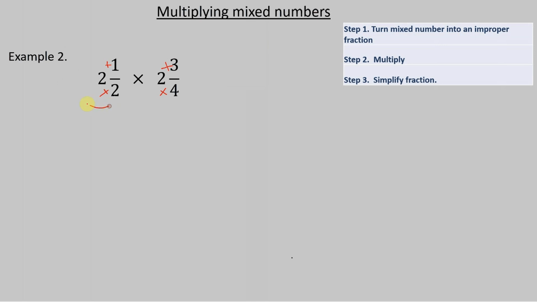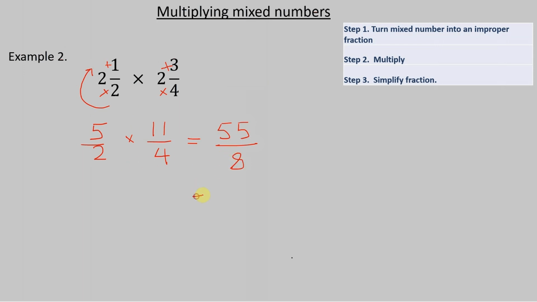So 2 times 2 gives us 4, plus the 1 is 5, so 5 over 2. 4 times 2 is 8, plus the 3 gives us 11, 11 over 4. And now we multiply. Step number 2: 5 times 11 is 55, and 2 times 4 gives us 8.